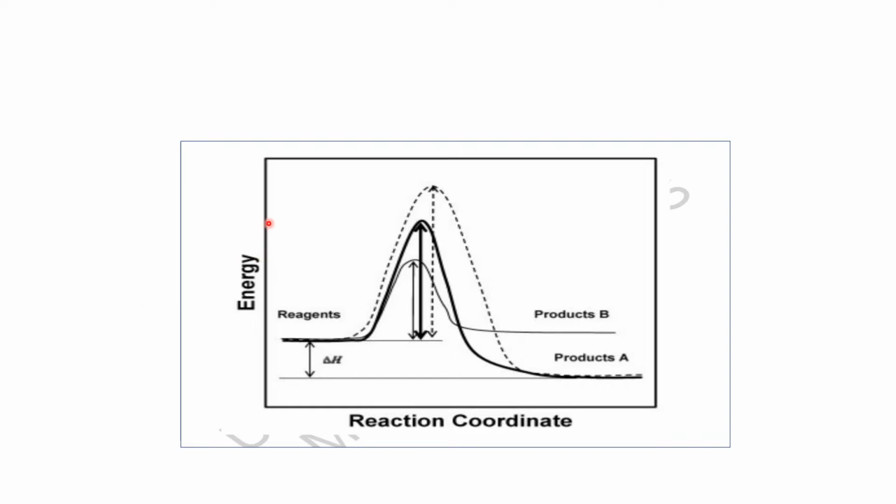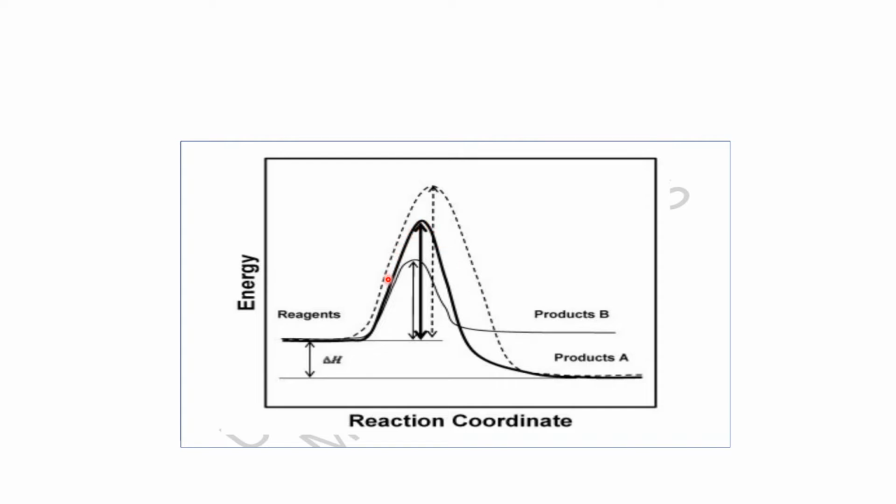This is the energy diagram for a generic reaction and the effects of catalyst on the reaction profile. In this case, the dotted line, this one, and this is the product formed. The dotted line represents the uncatalyzed reaction.